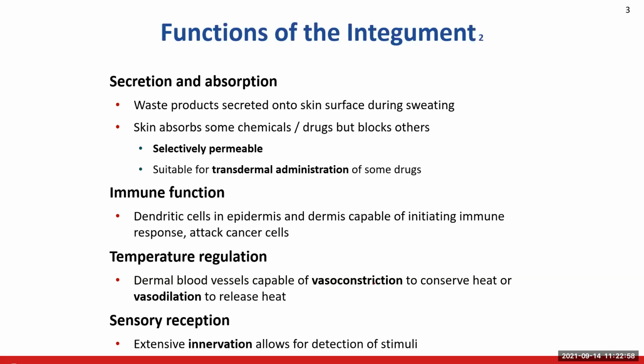So we'll see that because of the skin, it is a barrier, but it's going to allow the passage of certain substances and block the others. So it's what we refer to as selectively permeable. All right, immune function, I already mentioned that. It's part of the innate immune function. So its physical barrier helps to prevent the passage of certain things from entering into the body.